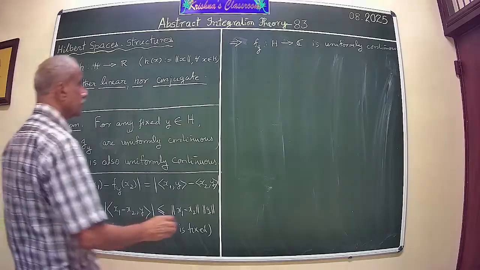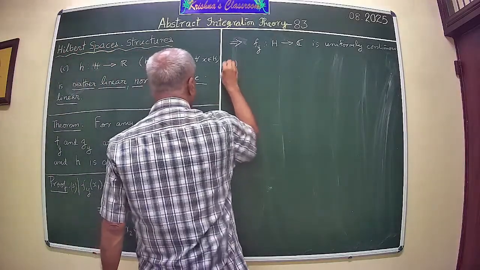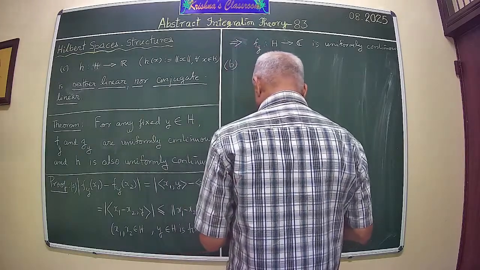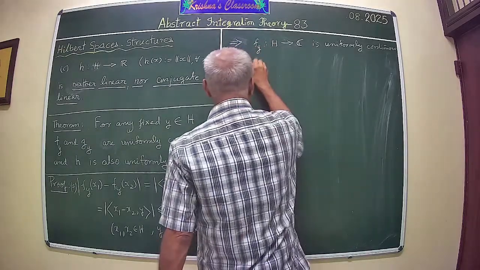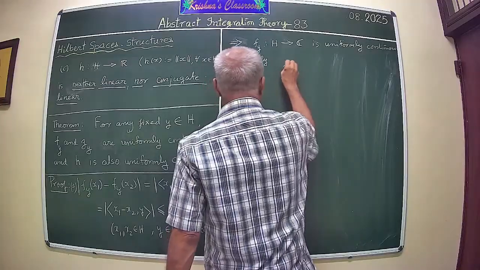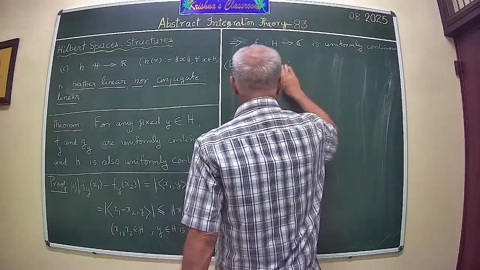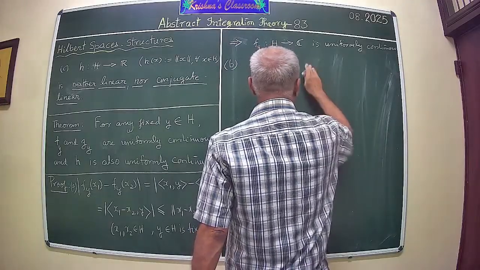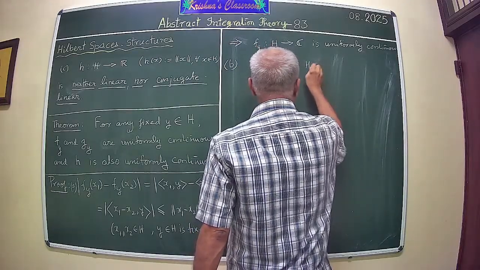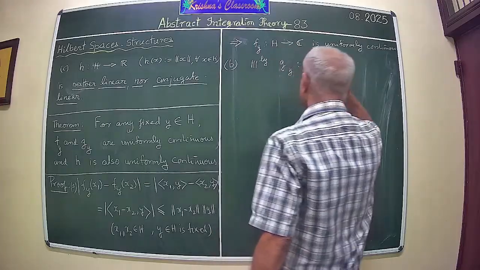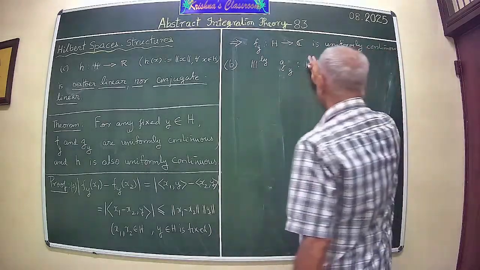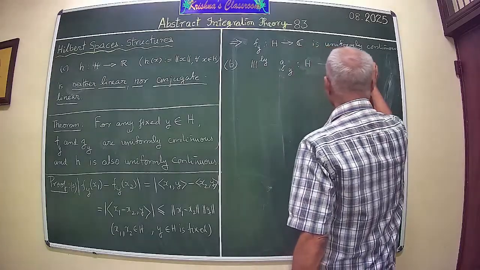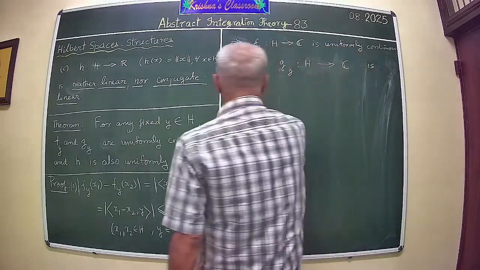B, similarly, Gy from H to C is uniformly continuous.